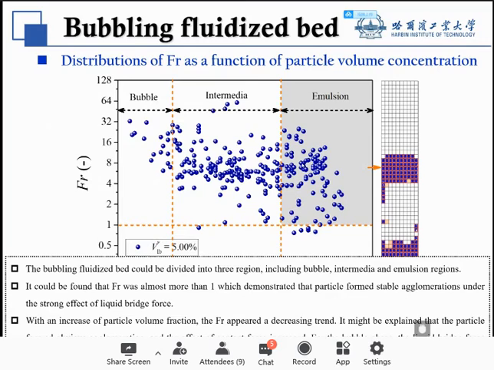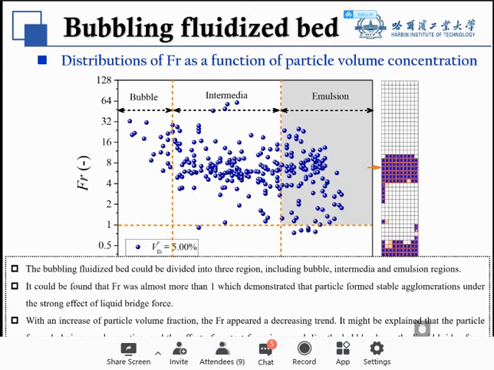From this figure, we can see that the bubbling fluid bed could be divided into three regions, including bubble, intermediate, and emulsion regions, according to the different particle volume concentration. With an increase of particle volume fraction, Fr shows a decreasing trend. It might be explained by particles forming obvious agglomeration and the effect of contact force increasing.